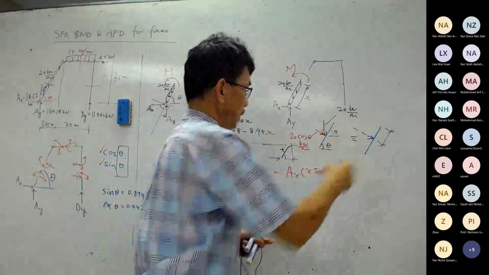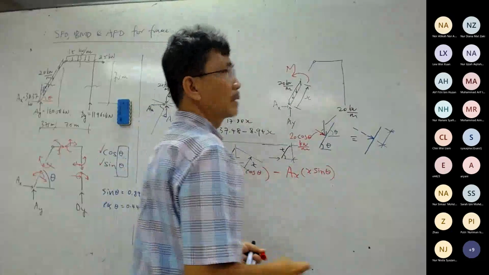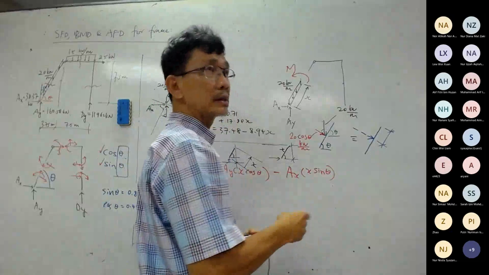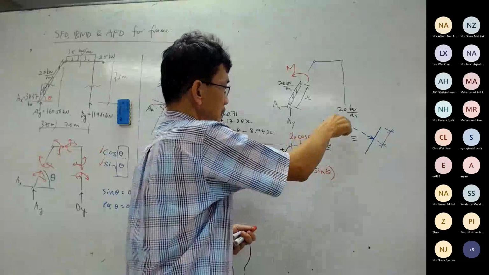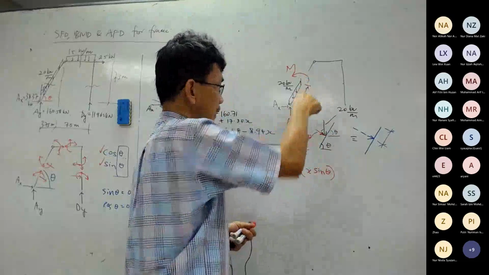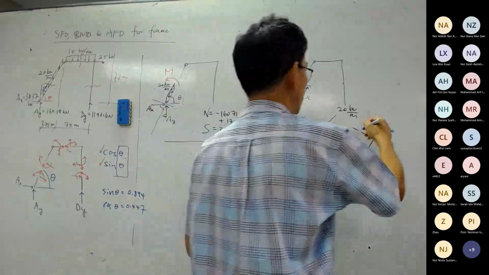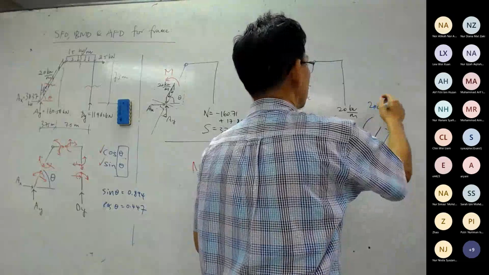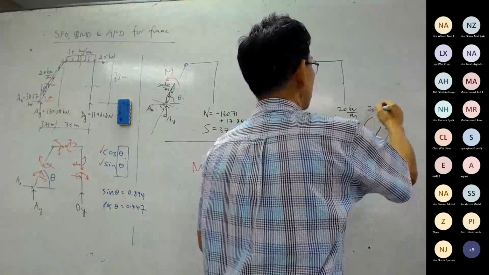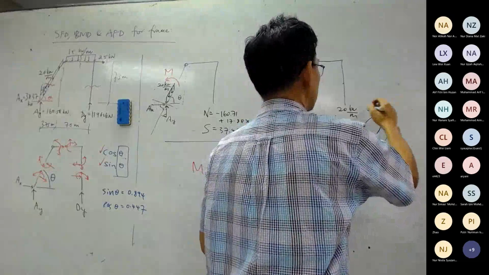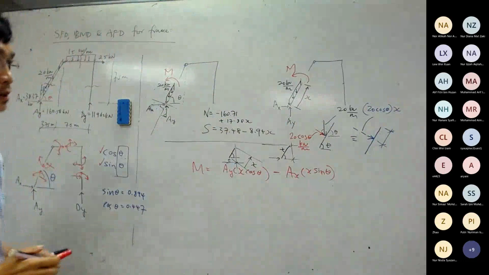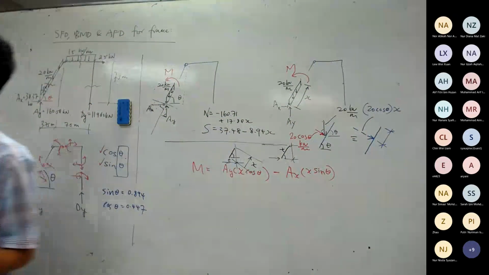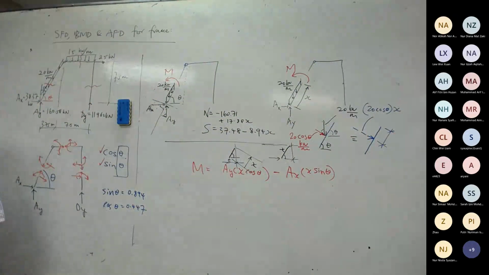So you have to multiply with X. So this blue one is the total caused by this, acting along this length of X. So the blue one becomes 20 cos theta multiplied with X.